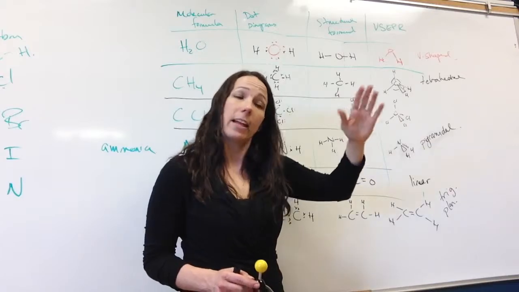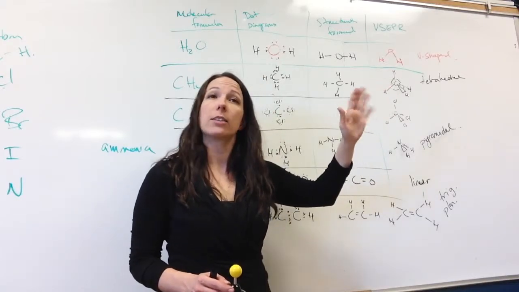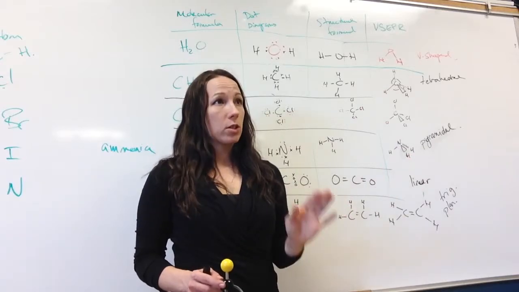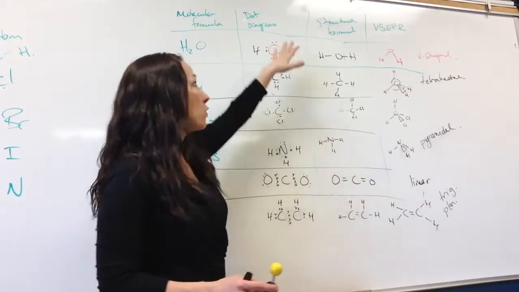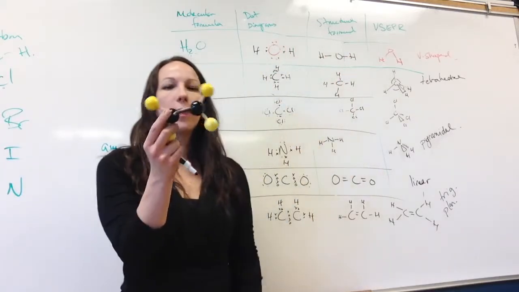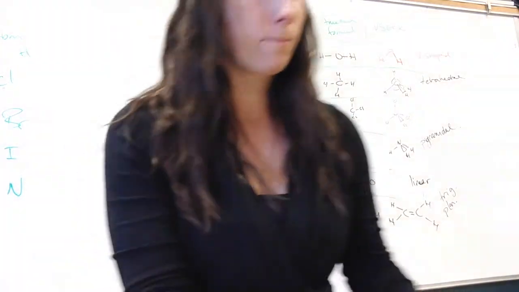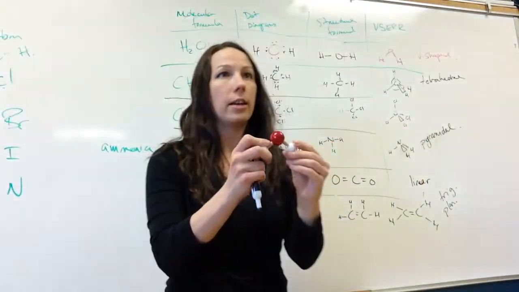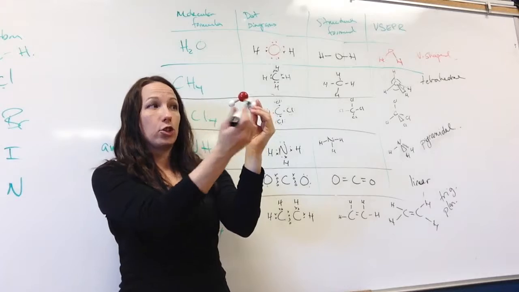Now, that's true, and it makes sense, but it sounds like a whole lot of memorization. So what I prefer my students to do is this. If you can nail these, and you understand them, and you can see them, then no matter what, let's take my water again. No matter what, this is H2O.